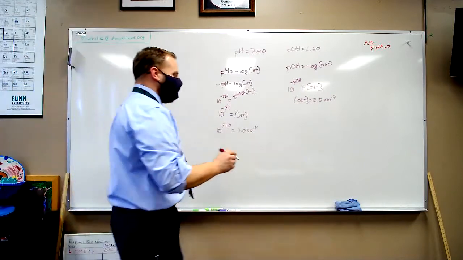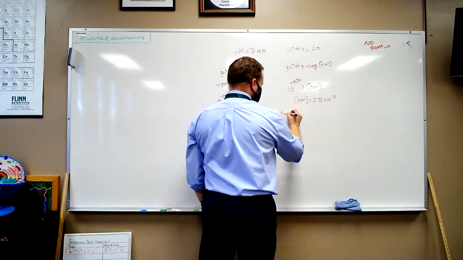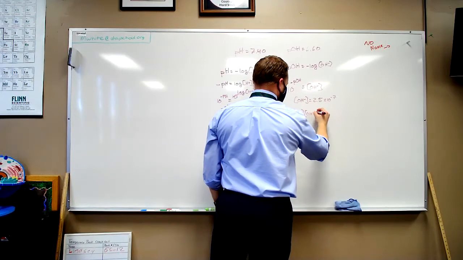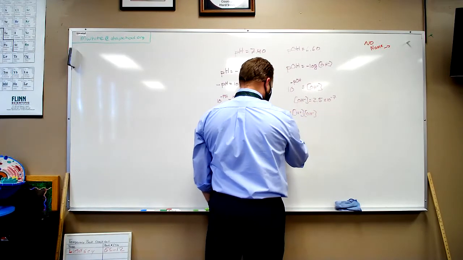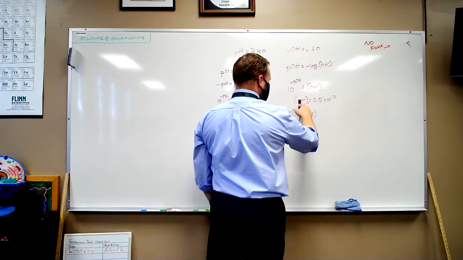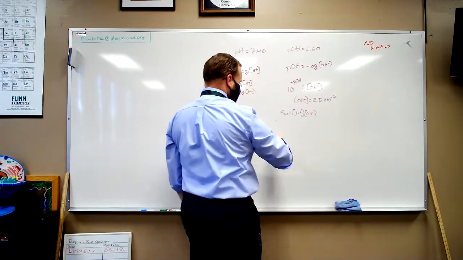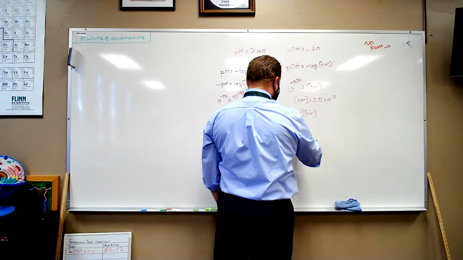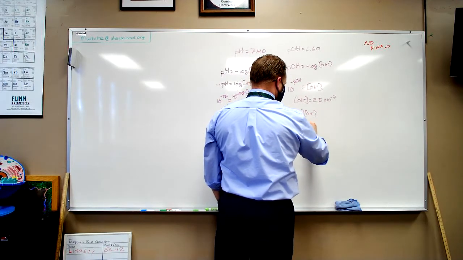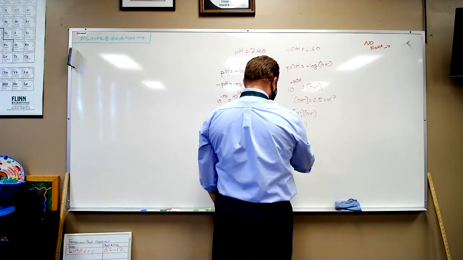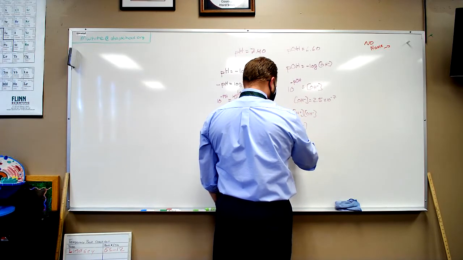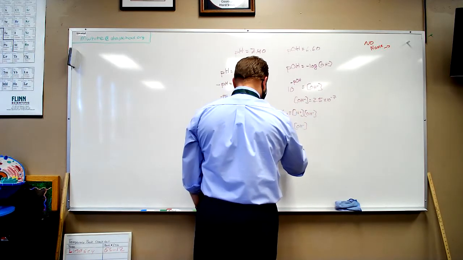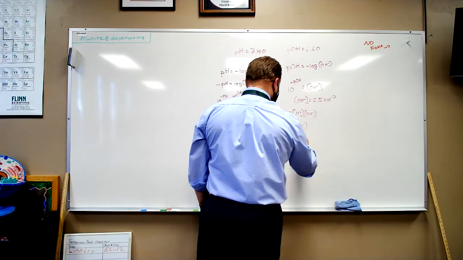Like I said, if you wanted to say that KW is this times this, if we wanted to find this, because we already have done this, so KW divided by H plus, which is OH minus, 1.0 times 10 to the minus 14, divided by this right here, 4.0 times 10 to the minus 8.